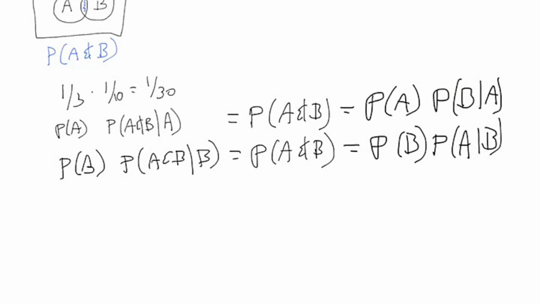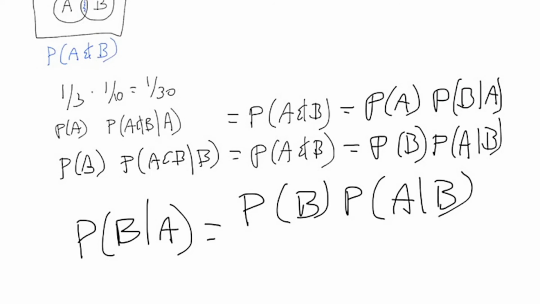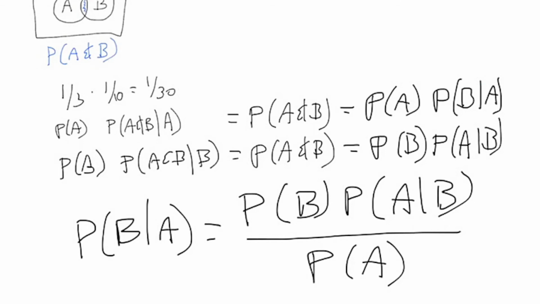So we have P of B given A equals P of B times P of A given B divided by P of A. So that's basically Bayes' theorem or Bayes' law or whatever you want to call it in a nutshell. It's a way of going from P of A given B, this one here, to P of B given A.